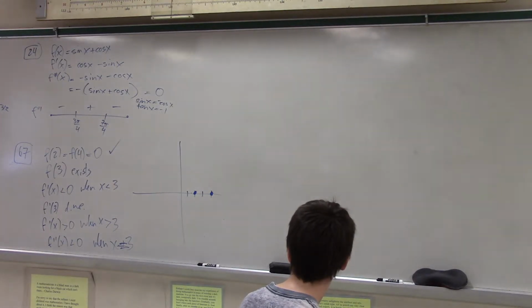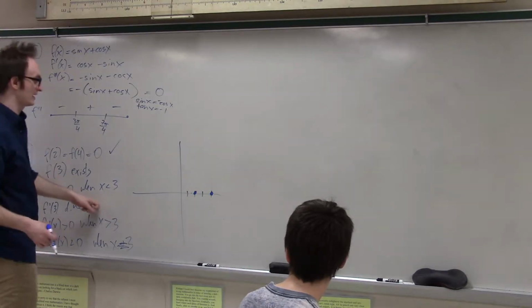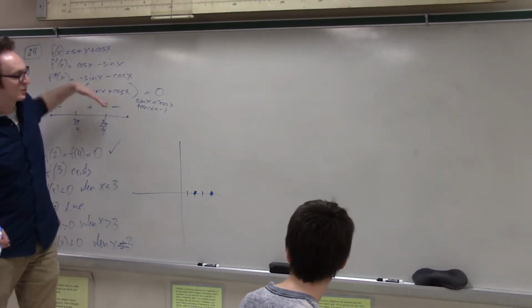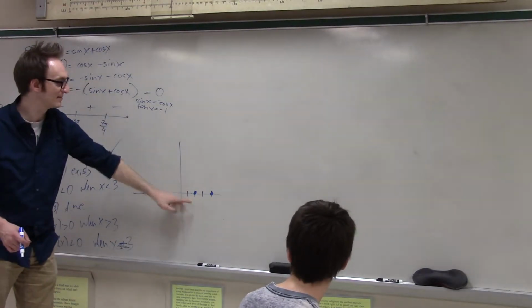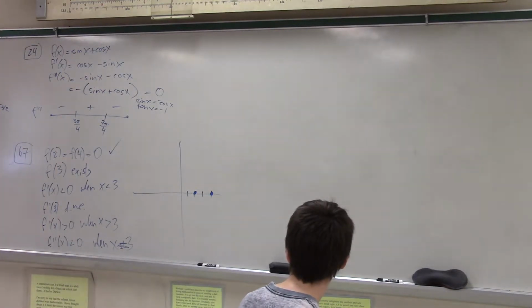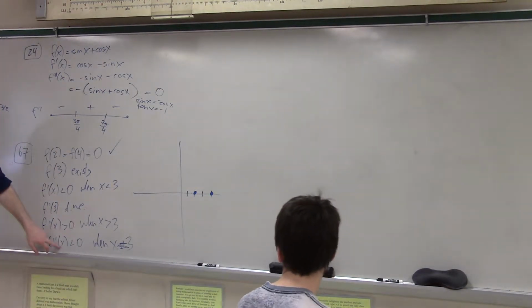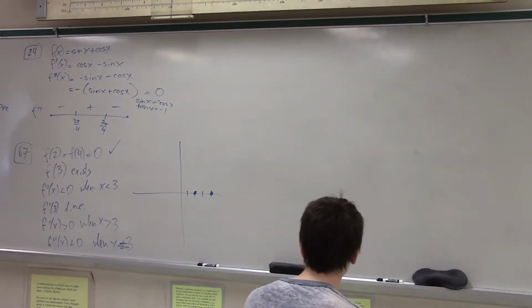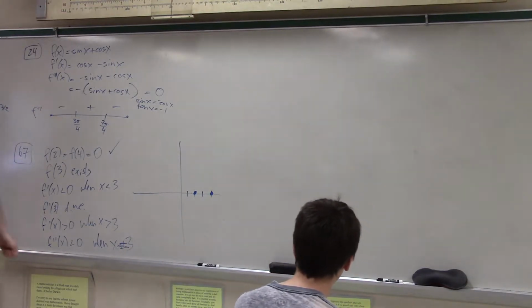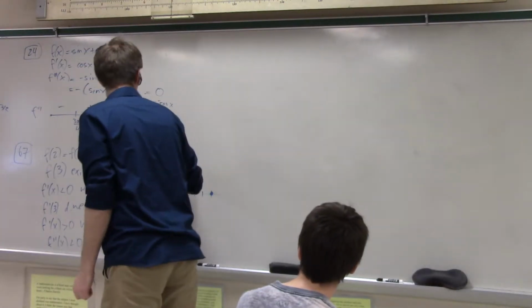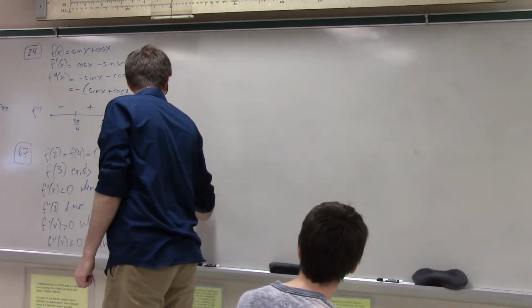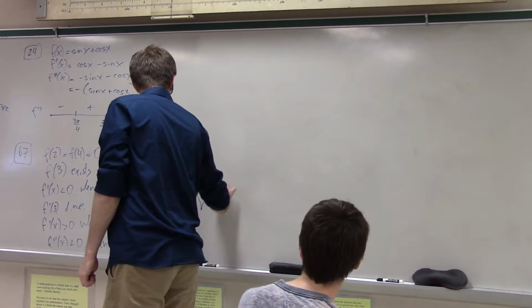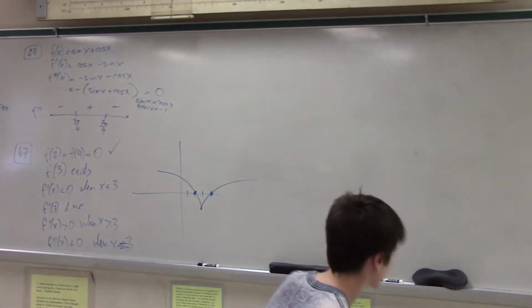The derivative is negative to the left of 3, so the function must be decreasing up until 3, and it must be increasing after 3, but the function is concave down everywhere. So hands always down. So pretty much what are we talking about? Bird. It's pretty much a bird, and then pointy. Something like that satisfies that perfectly.